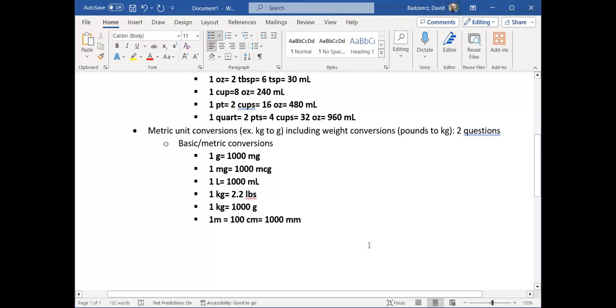So you need to know these things, and you have to have them memorized and know how to use them. Grams to milligrams, milligrams to micrograms, liters to milliliters, kilograms to pounds. You really won't need to worry about going from kilograms to grams.